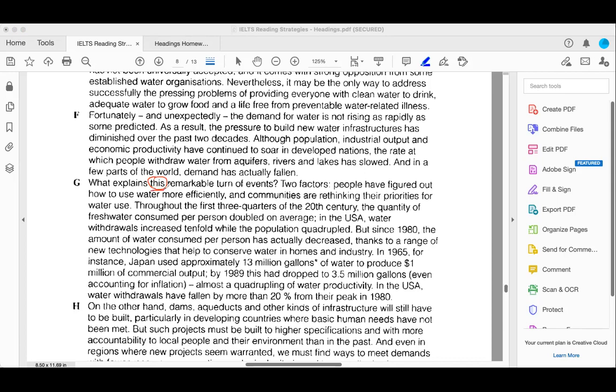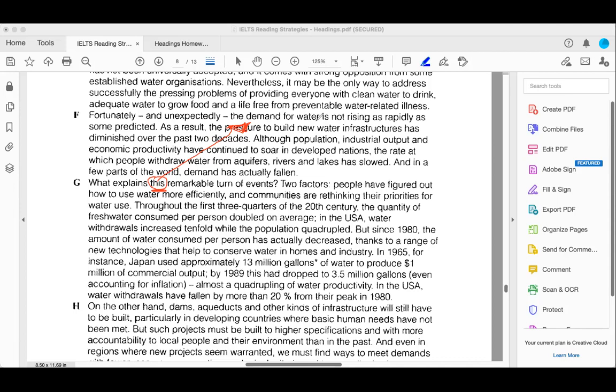When you see a reference word used in the first sentence of the body paragraph, this means that the first sentence goes back to the main idea of the previous paragraph. So what was the main idea of the previous paragraph? Demand for water not rising, right? So this sentence reads, what explains the fact that demand for water is not rising? Does it make sense, guys?